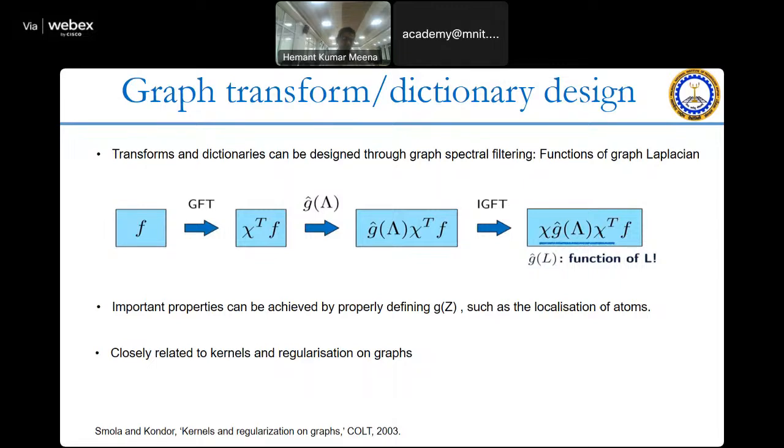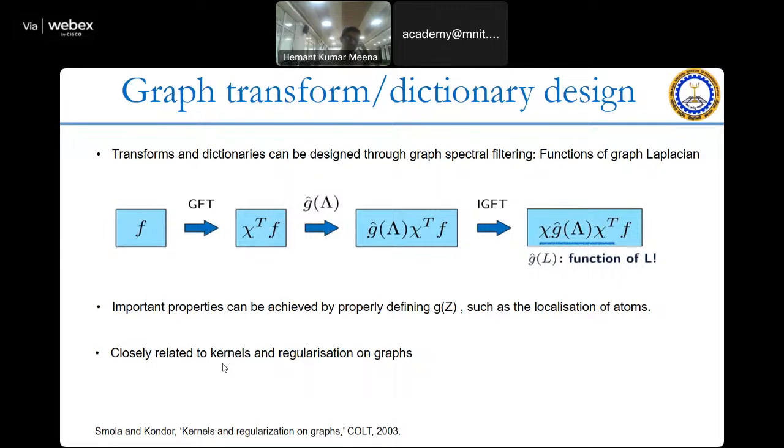Because you have flexibility when you design your signal, when you represent your signal in the form of a graph. It is our choice which thing we want to take as the edge, and how much weight we want to give.